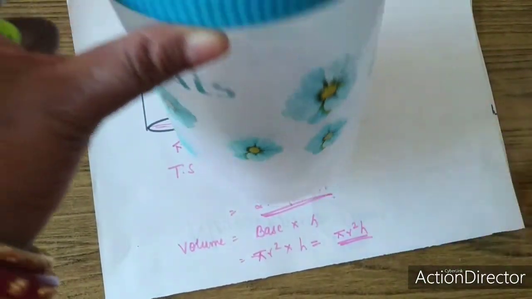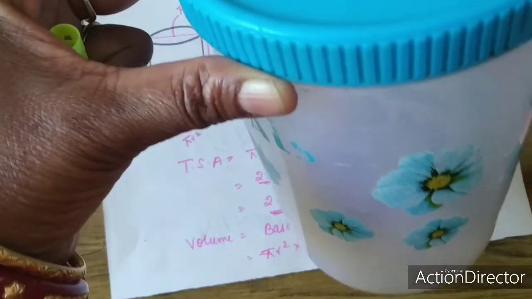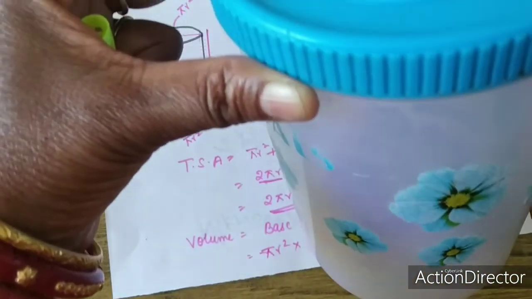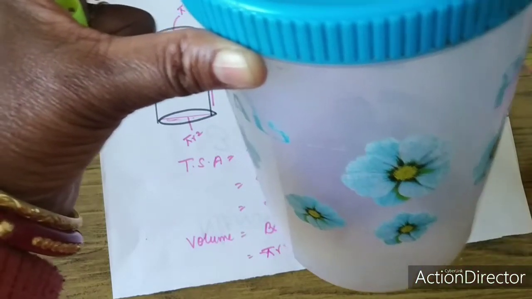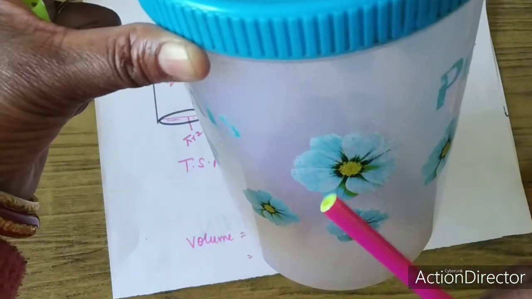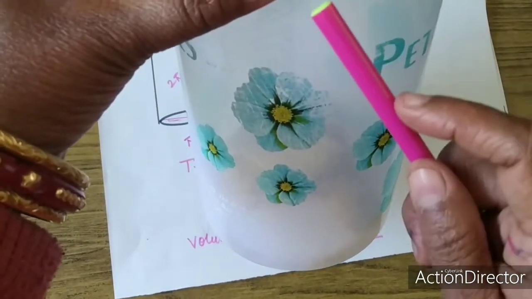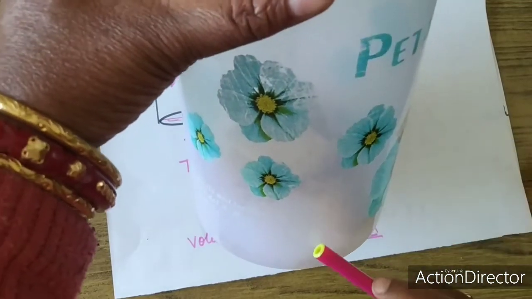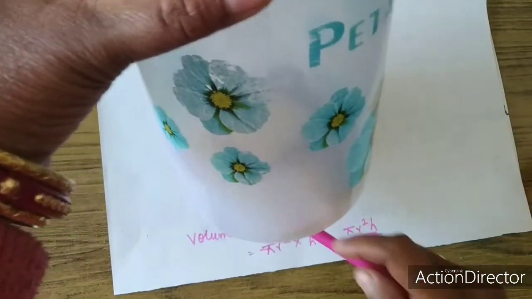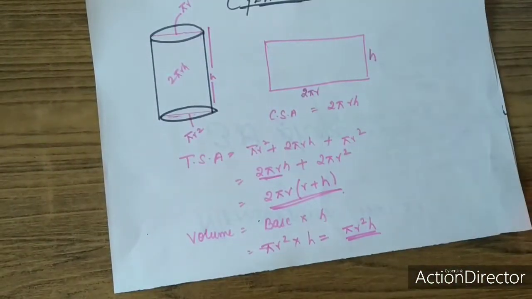This is a good example of a cylinder where you can see the top and bottom faces are circular ends of the same radius, and this is the curved face of the cylinder. When you want to find this curved surface area, you just cut it along its length and open it in the form of a rectangle. Since it is cut along its length, the length of the rectangle will be 2 pi r and the breadth of the rectangle will be the height.